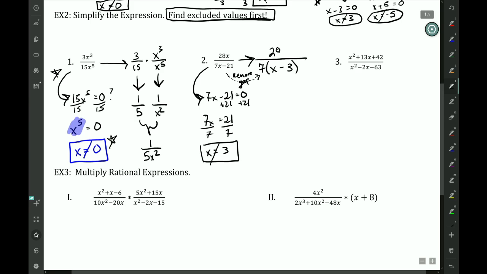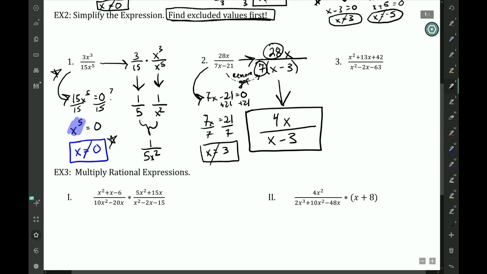So up top we have 28x. This is going to simplify further. 28 and 7 each have a factor of 7. So if you do that, it is simply 4x over x minus 3. This is your answer.